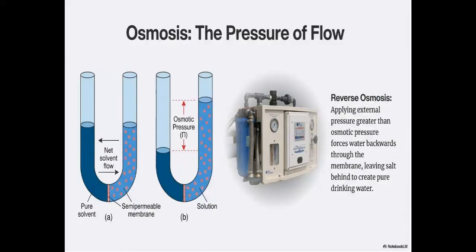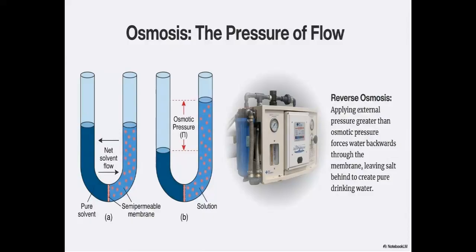As those particles of water start moving to the right, the height of the right side is going to start increasing. By that side increasing in height, that's going to add a pressure to it. That pressure is going to keep increasing until no more flow of water particles happens between the two sides.